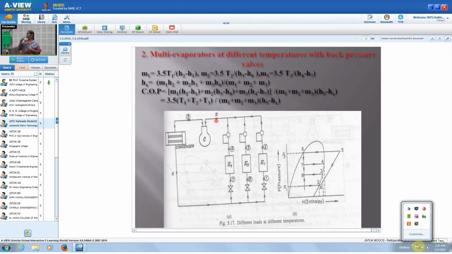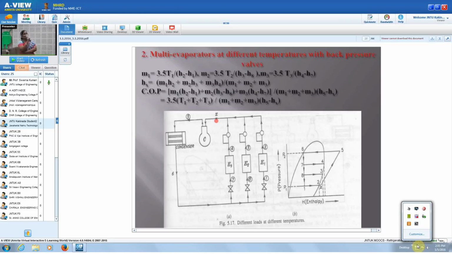So with that, we can find out the mass for all the three evaporators. And finally you can find out COP also. Coefficient of performance of this one is M1 into H2 minus H1, plus M2. M2 is nothing but the mass of the refrigerant going into the second evaporator, into the refrigeration effect produced.